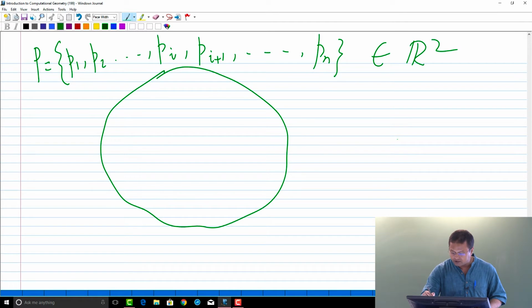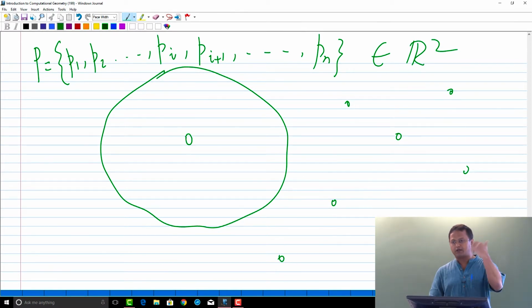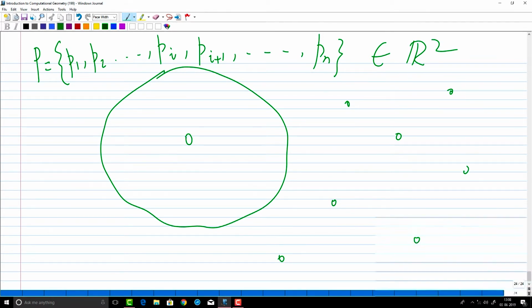So, what I now do is, for each point outside this convex hull, I take a point inside, right. So, this is an incremental construction. I took the first 3 points, formed a triangle, and I took its centroid.